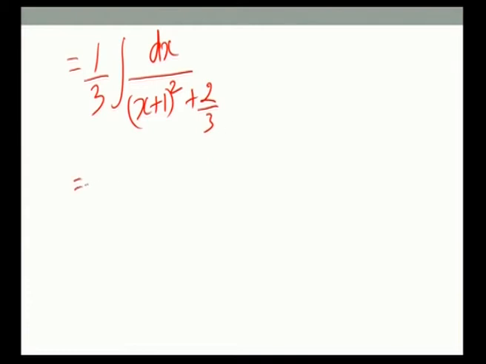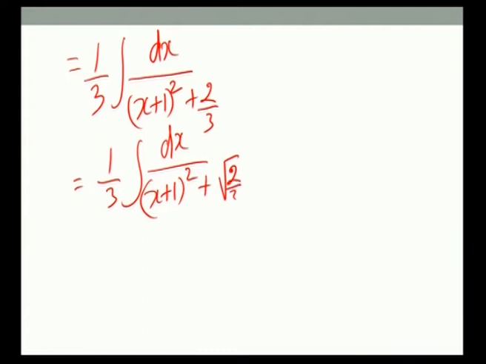This can be further manipulated: this 2 by 3 can also be expressed as a square, dx over x plus 1 the whole square plus the square root of 2 by 3 the whole square. This is in the form of integral of dx over x square plus a square. So we have reduced the given rational function to a standard integral form.